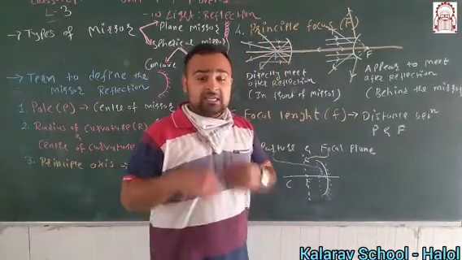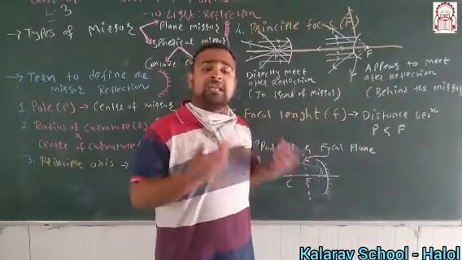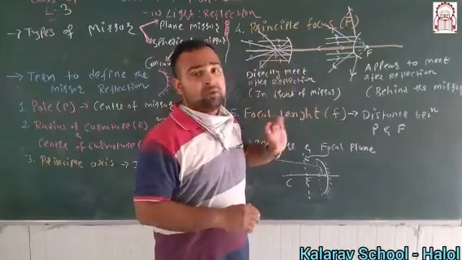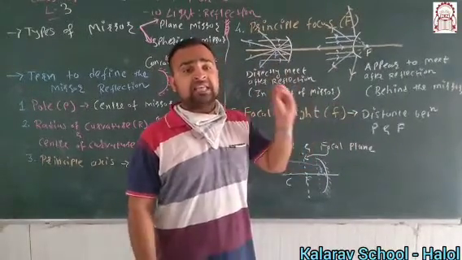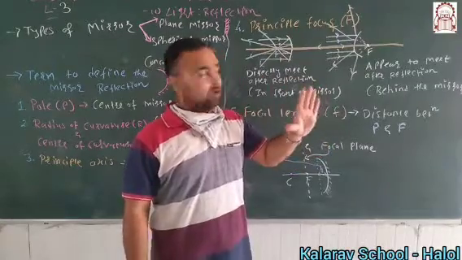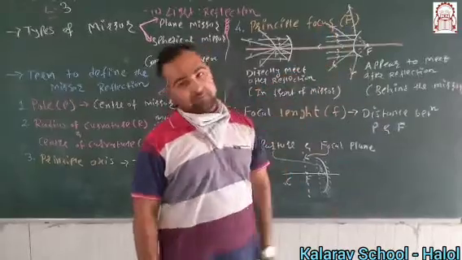This is a natural thing, you have to accept it. In any concave or convex mirror, you will find this phenomenon. If you send parallel rays, after reflection they always intersect each other at one point, and that point is considered the principal focus.